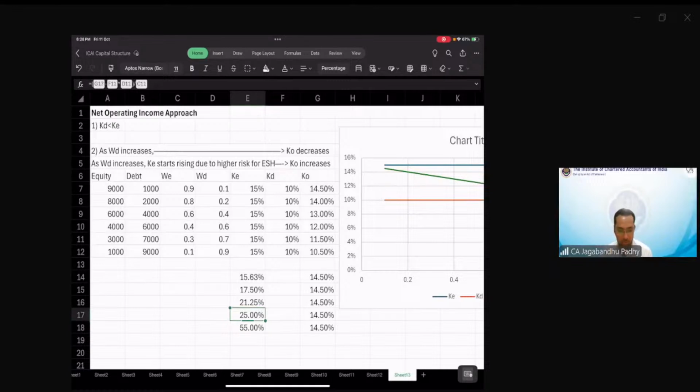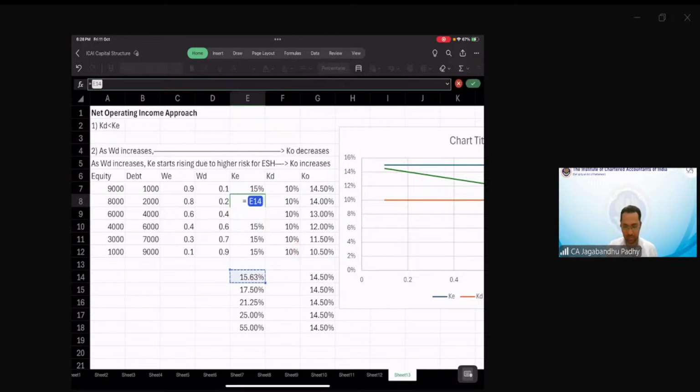Okay. So we observe that here the cost of equity should be rising to ensure that the overall cost of capital is remaining constant.